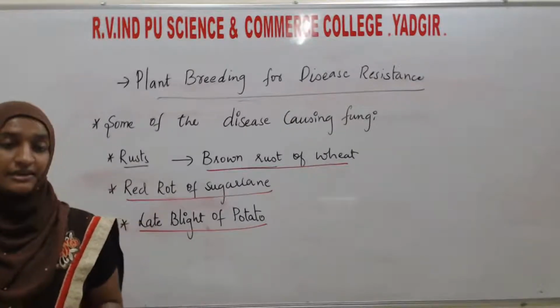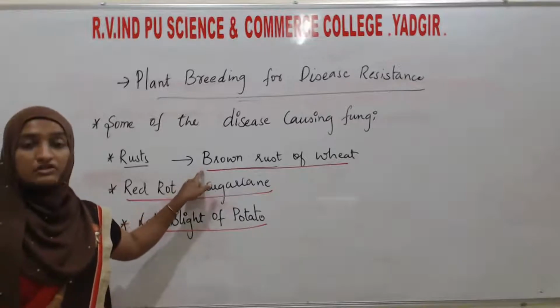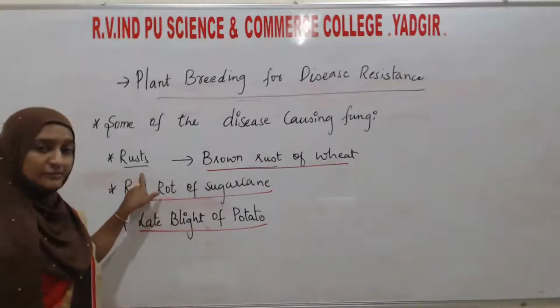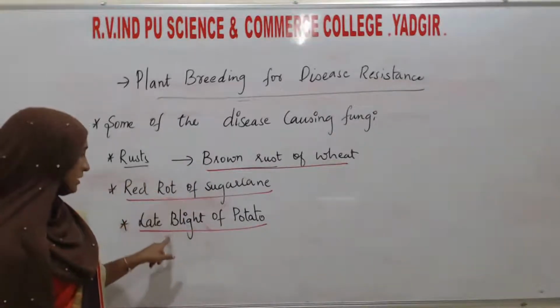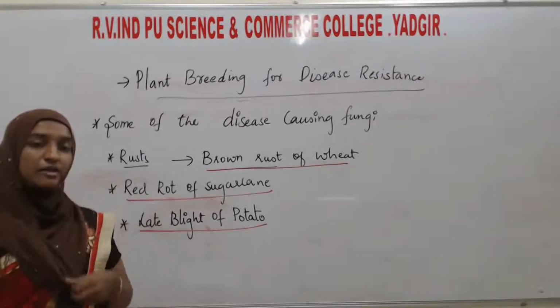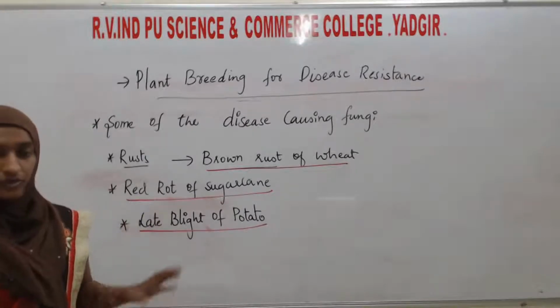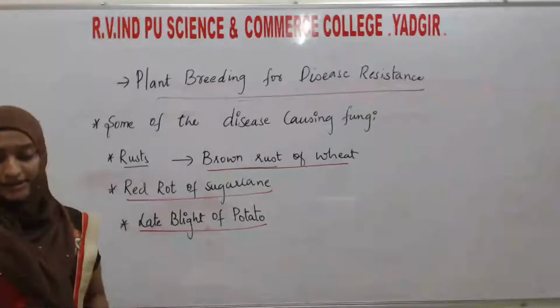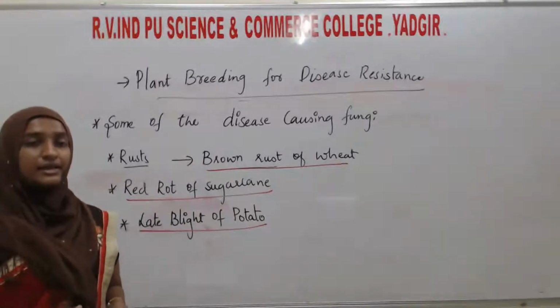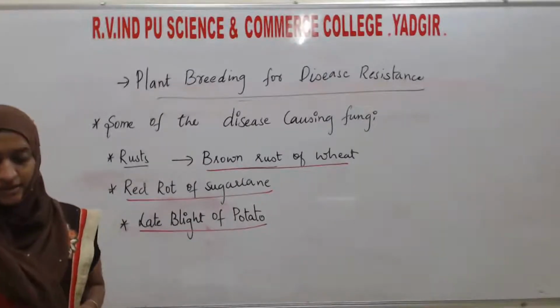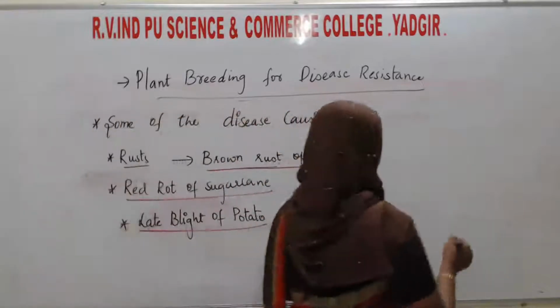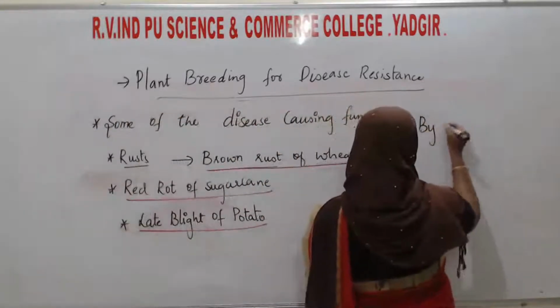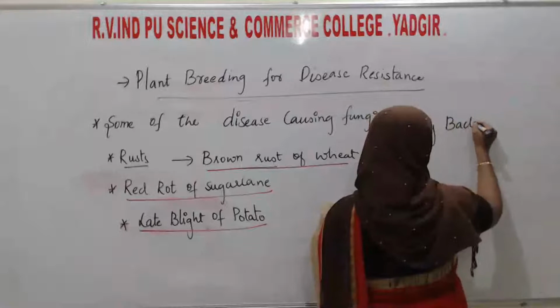So here there are certain examples I have told you: brown rust of wheat, which is caused by the rust; red rot of sugarcane; late blight of potato. This is about the fungi. Some of the bacterial diseases we will discuss here. That is, by bacteria, which disease is going to occur in the crop yields?